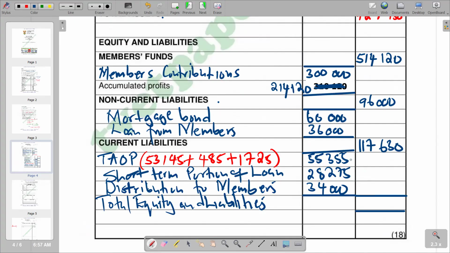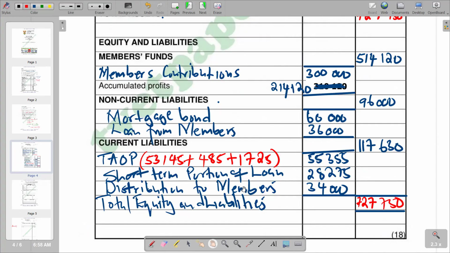So if you add the three figures, you're supposed to get the second balancing figure, which is supposed to be 727,750, and obviously we try to confirm that calculation. So this becomes your final answer.